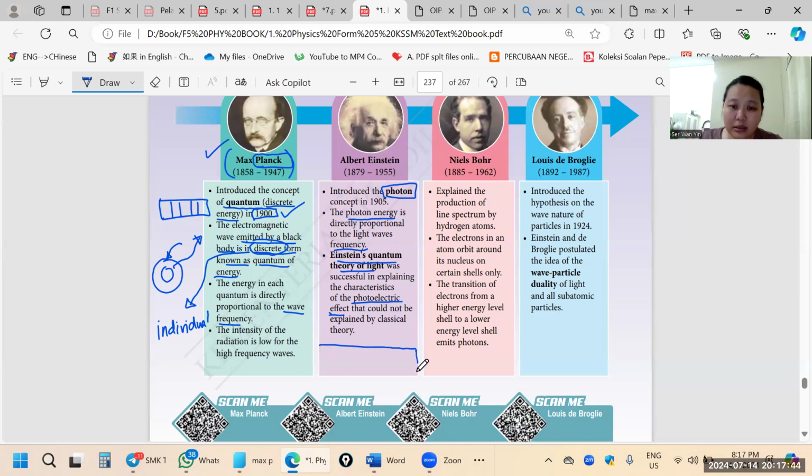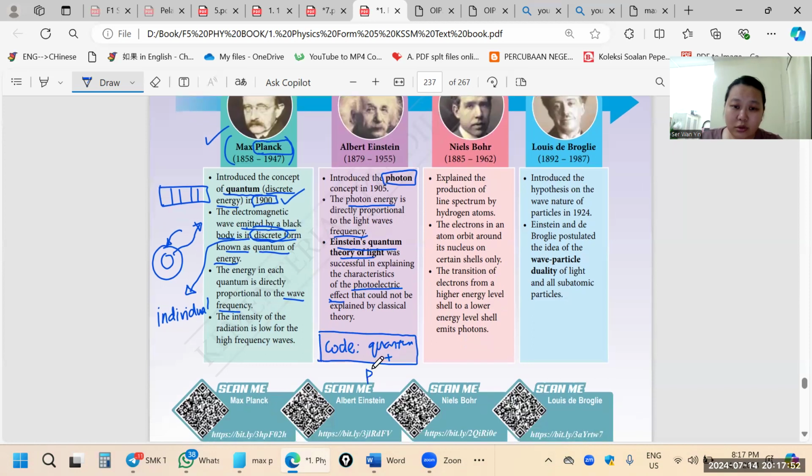Now here is the quote of today: quantum and photon. In school, I will test. Who didn't watch this, you die. So the quote of today, quantum and photons. In case I forget, I need to take a picture.